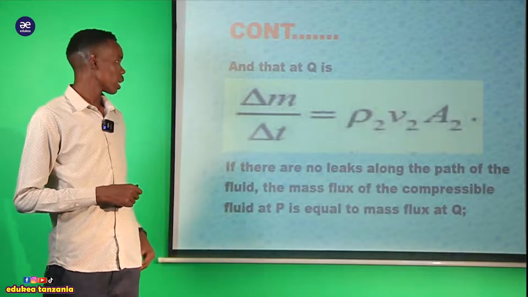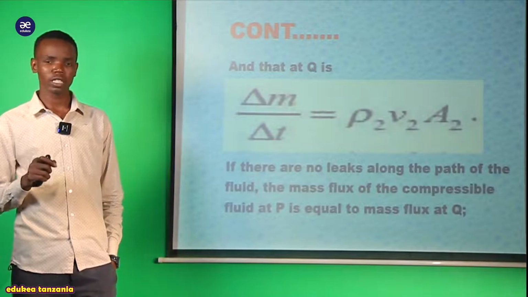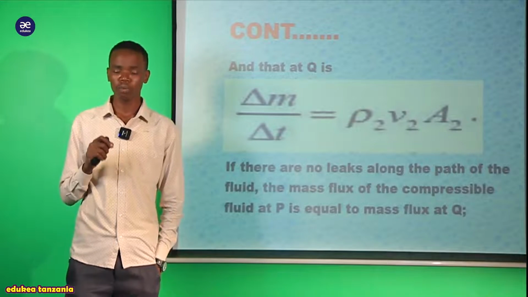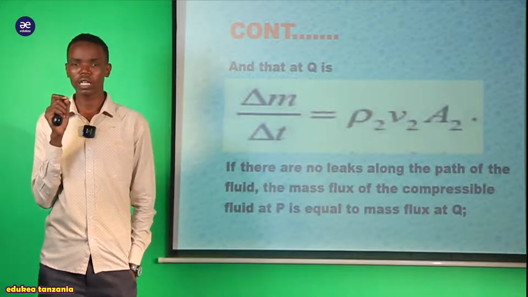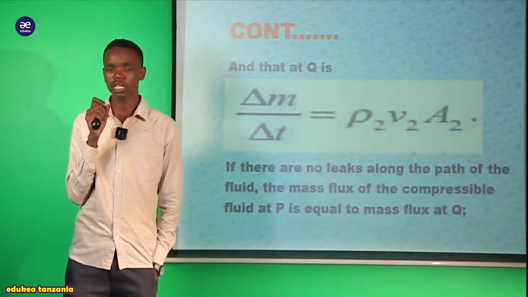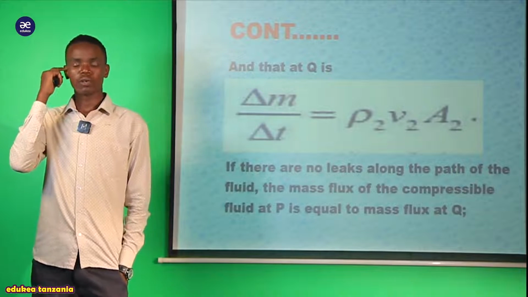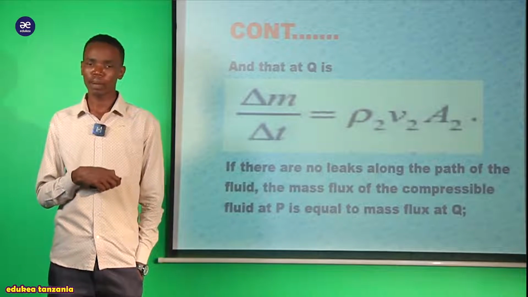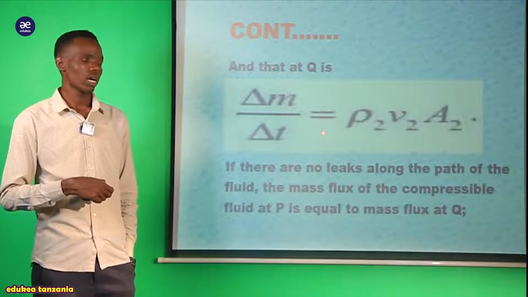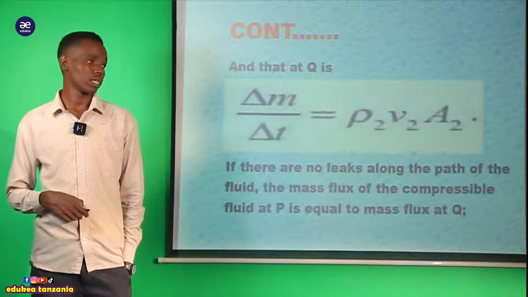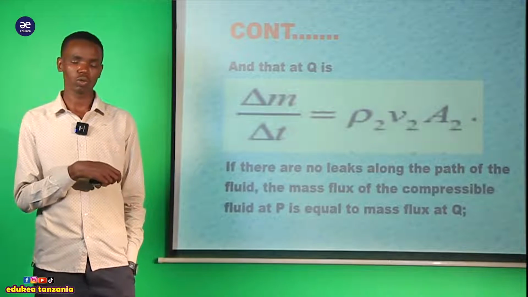Likewise, at point Q. Let us come to point Q. At point Q, we use the same formula by recalling the rate of change of the mass, and we obtain that the rate of change of the mass must be equal to density 2 times velocity 2, then times the cross-section area 2.